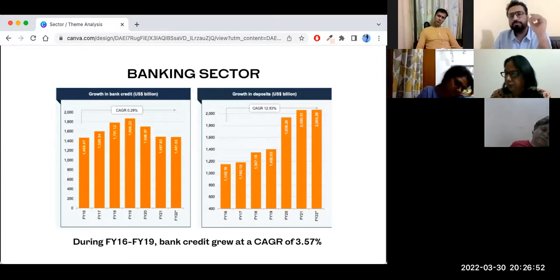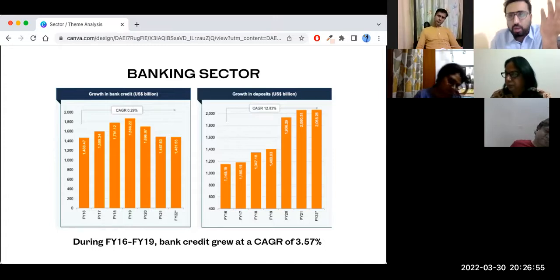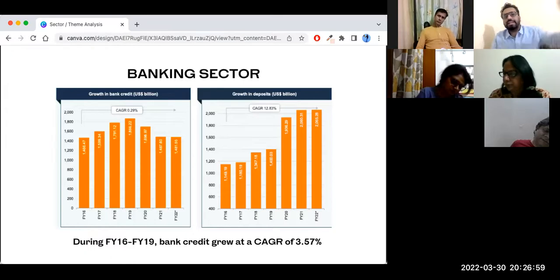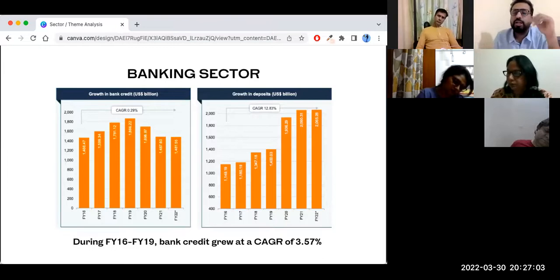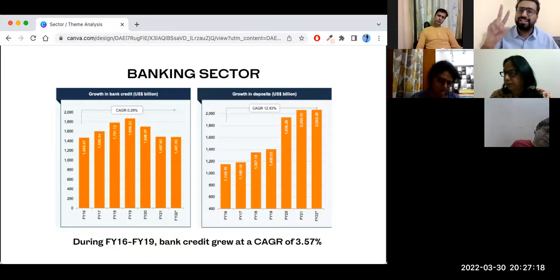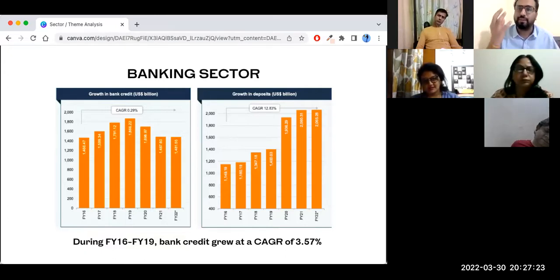Now, how does a bank grow? Any bank. By taking more deposits and, more importantly, giving more loans. If last year I had given loans of 100 crore rupees and this year I've given loans of 120 crore, that is 20% growth in loans.